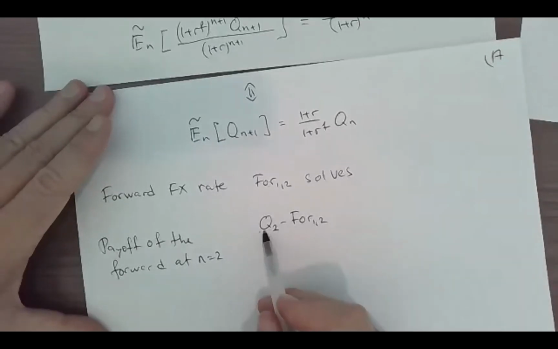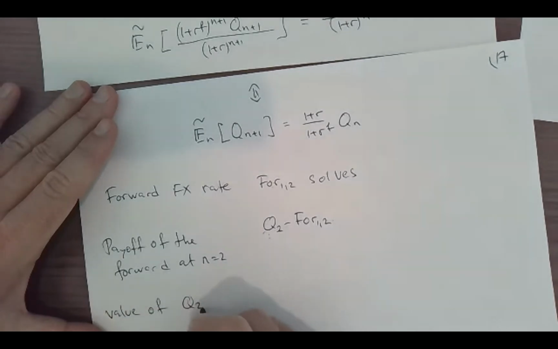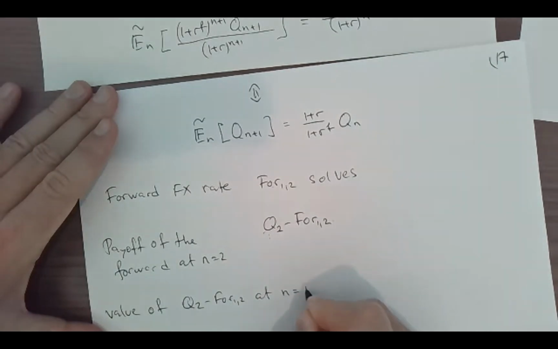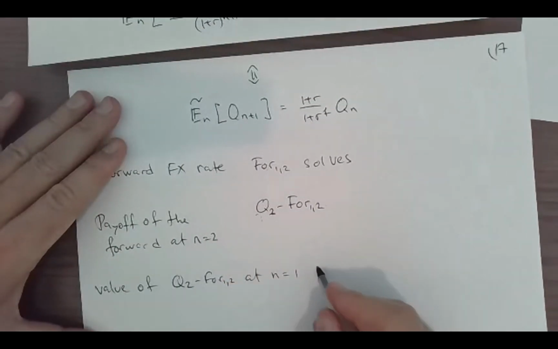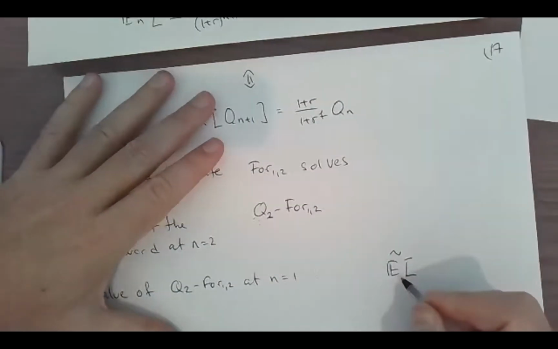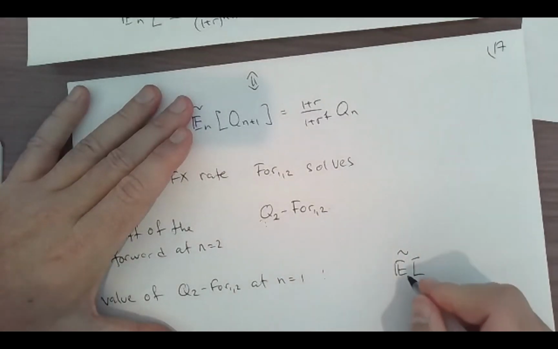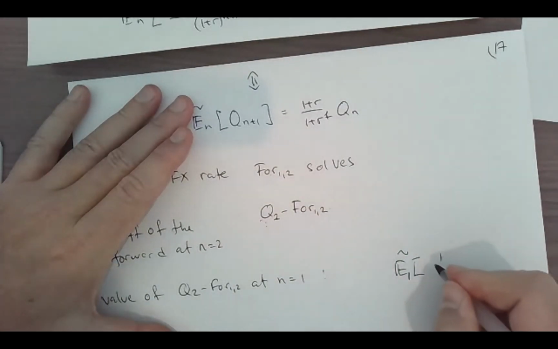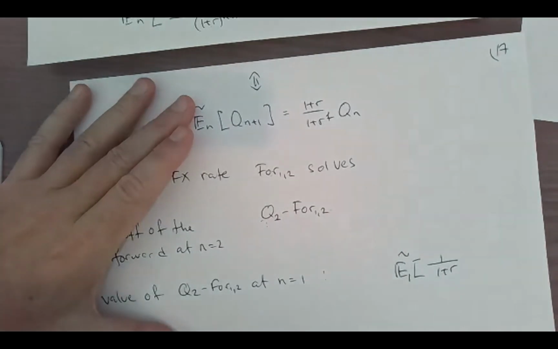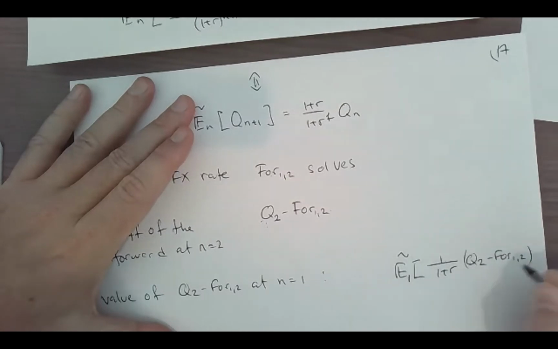Right, so the value of this payoff at time 1, we'll have to discount it back 1 period. So this is the conditional expectation up to time 1 over 1 plus R, and then Q2 minus, right?